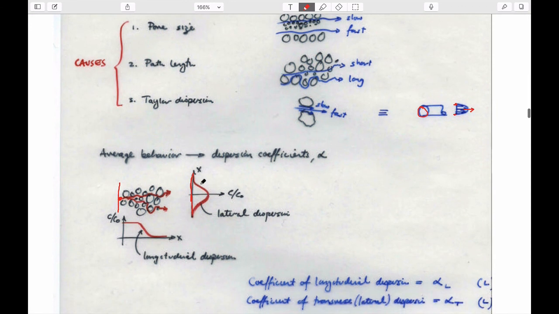And so this spreading looks exactly the same as spreading by Brownian motion, but it's due to a different mechanism. If you looked along the length of this flow path, then for the same reasons that this is physically spreading out wider and becoming more diffuse at this front, you'd expect to have the same behavior as you look along the flow path.